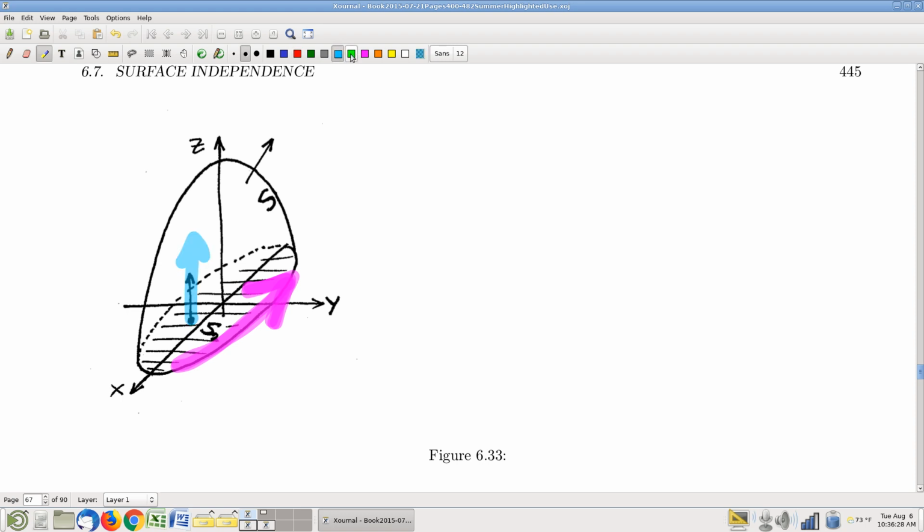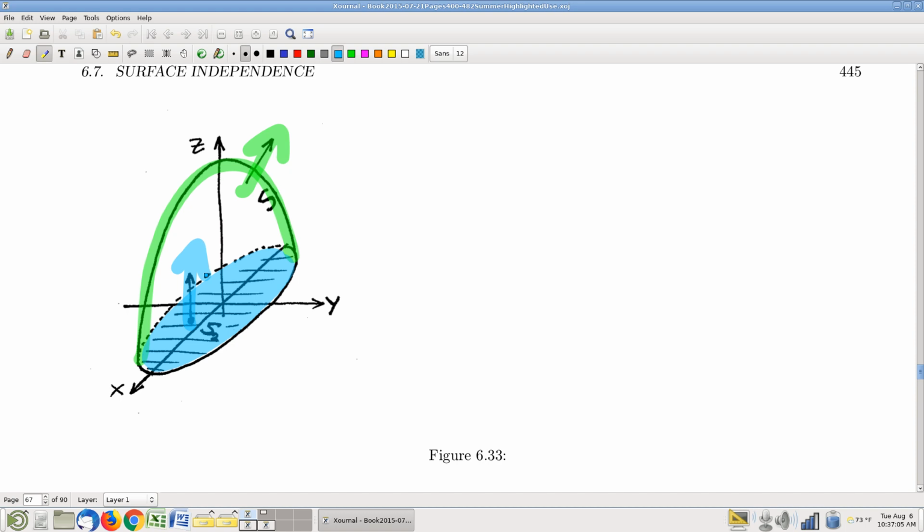Up like that. Thumb, fingers, swirl, side swipes, correct. All right, so this original surface oriented up has the same boundary, orientation included, as that surface also oriented up. Everybody's happy? Yes? Okay.